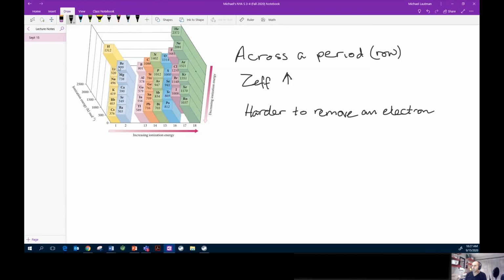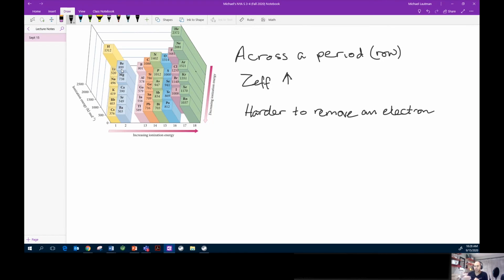Beryllium has a full s orbital, and with boron, we're starting to look at removing an electron in a p orbital. The differences that come there are a little bit tricky to quantify, and I don't want to spend too much time on it. But it's significantly easier to remove an electron from boron than from beryllium. This has to do with how s orbitals versus p orbitals penetrate to the nucleus.